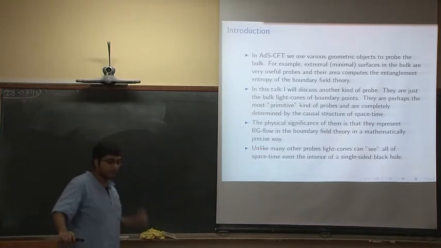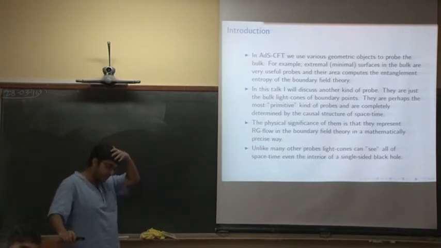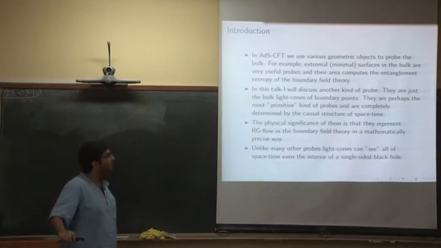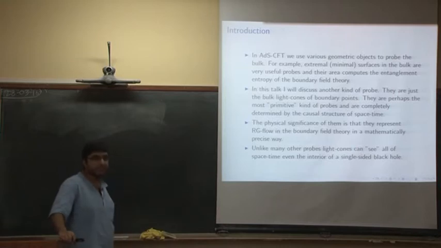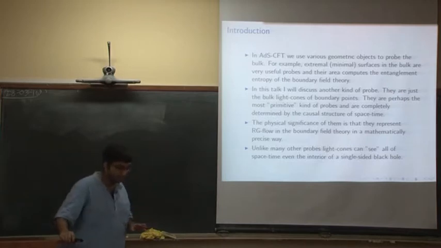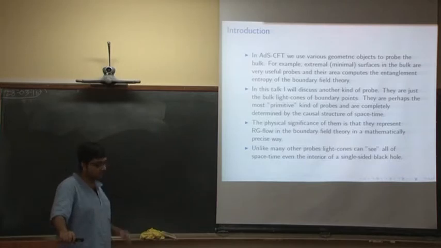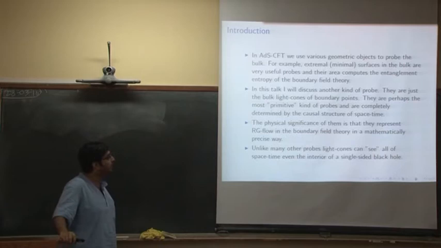So in this talk, I will try to work out some of the old stuff. For example, the proof of the holographic c-theorem in the bulk in the standard Poincaré type of geometries, in a slightly different way.